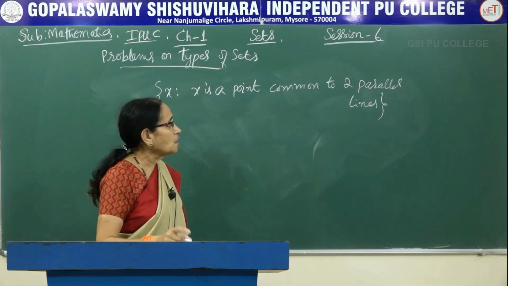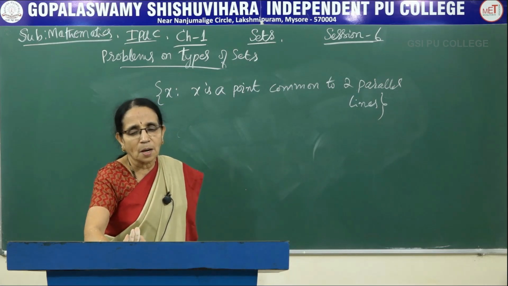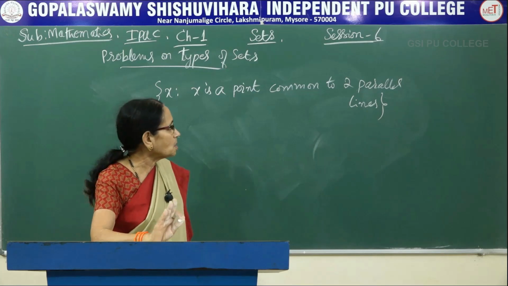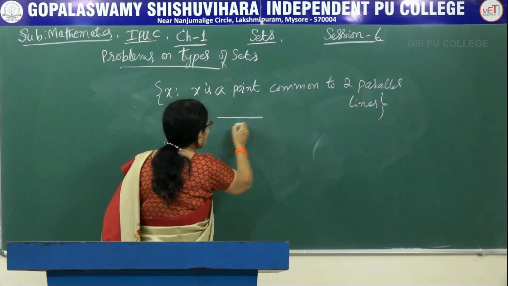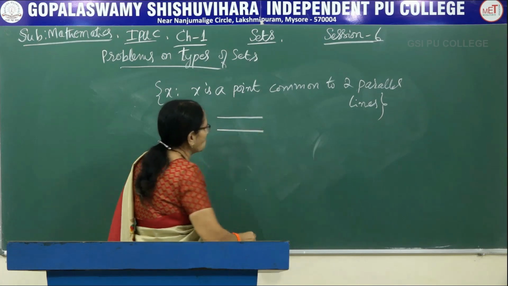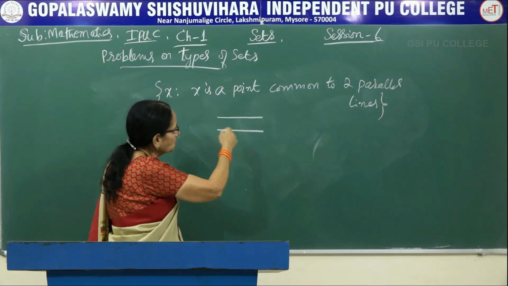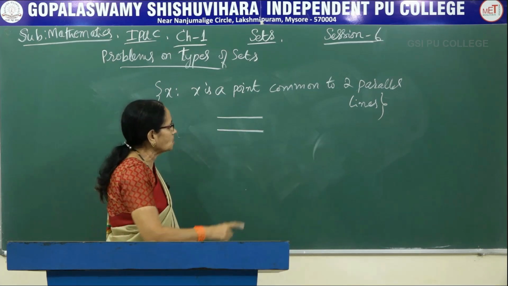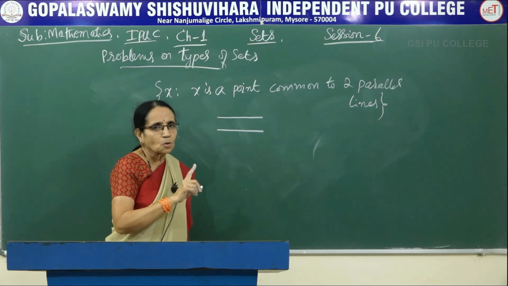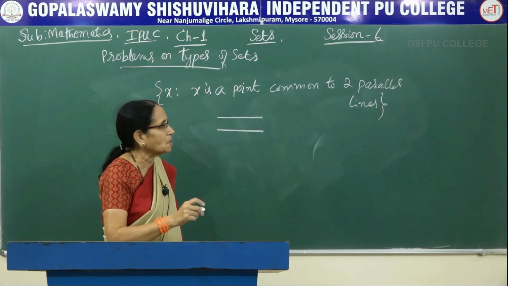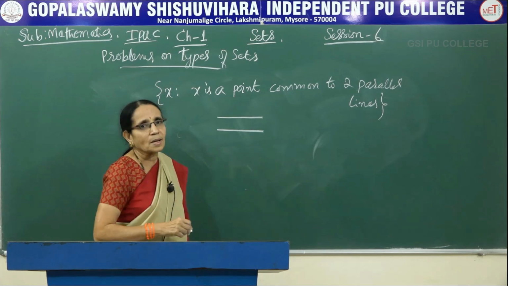Look here. What is the definition of parallel lines? A pair of lines which do not meet at all, isn't it? They are called parallel lines. However long you produce them, either to the right or to the left, whatever may be the length of the lines, they do not meet at all. That means they do not intersect. That means there will not be a point common to both the lines here.